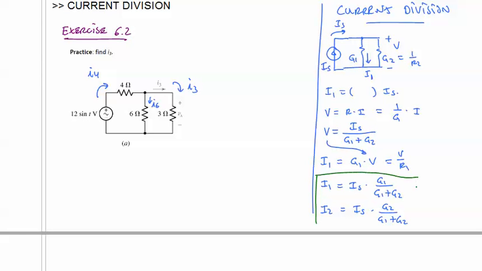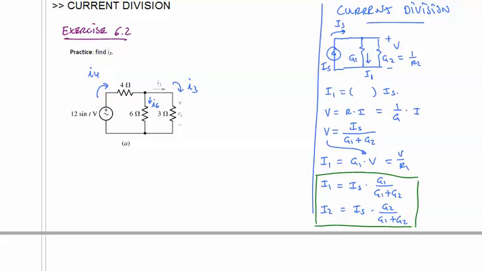Now this is totally analogous, or dual, to voltage division. Remember, when we did voltage division, the voltage across R1 was equal to the resistance R1 over the total resistance times the driving voltage.